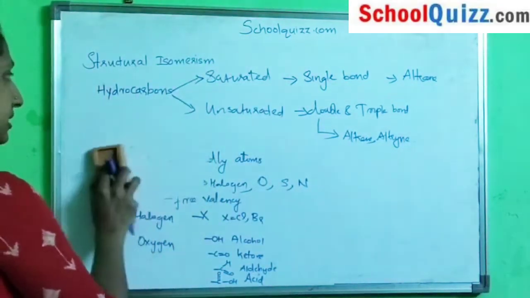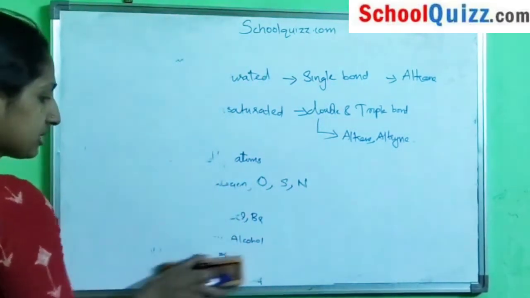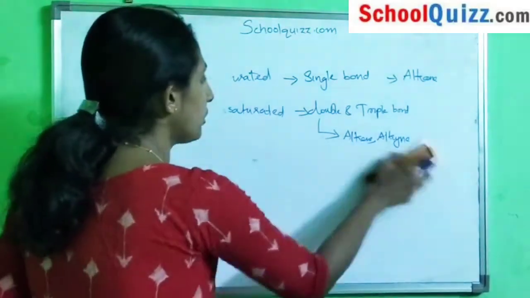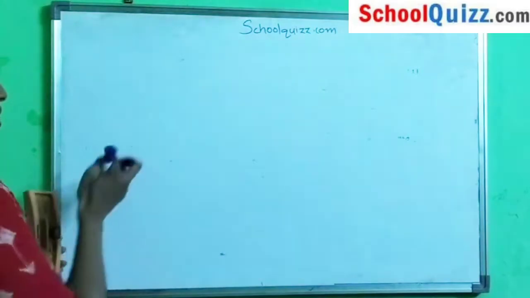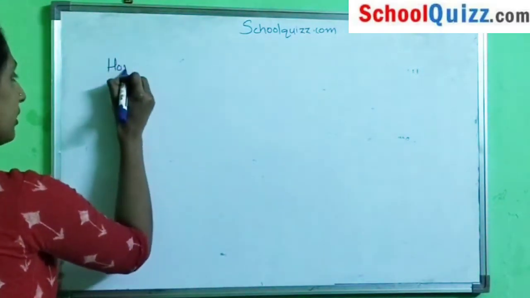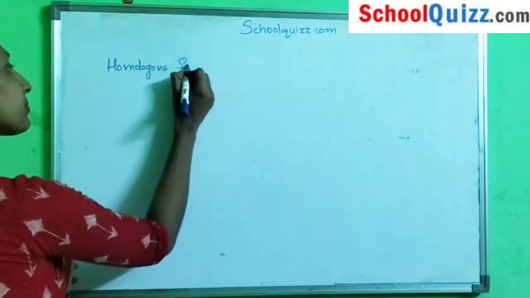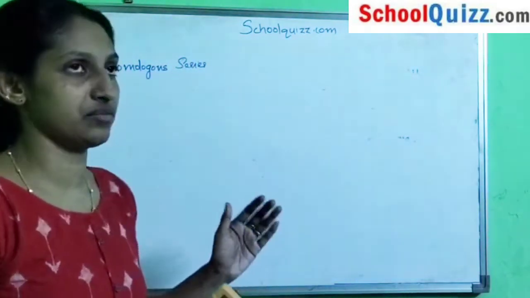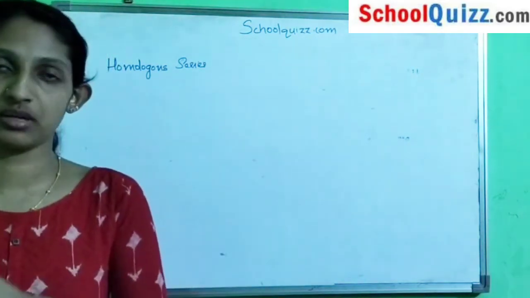The next topic to be discussed is homologous series. Have you heard about the topic homologous series? What do you mean by homologous series? A homologous series is a series of a particular type of compound in which the same functional group is repeated consecutively.